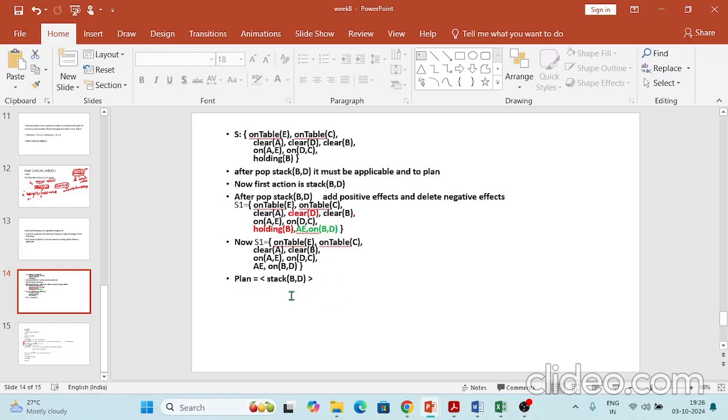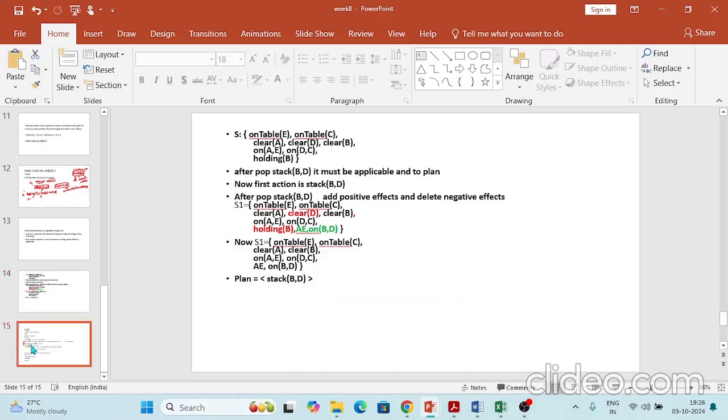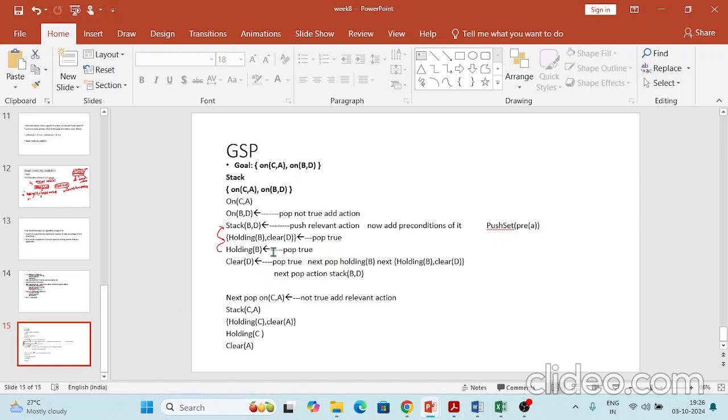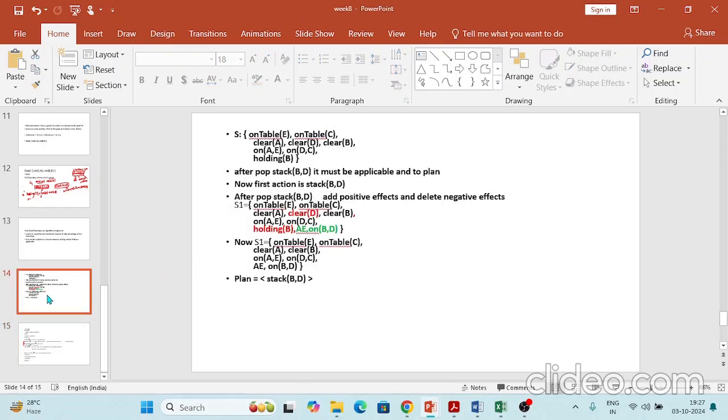Whenever we are doing this action, after pop stack BD, it must be applicable to the plan. What is the meaning of whenever we pop that action?